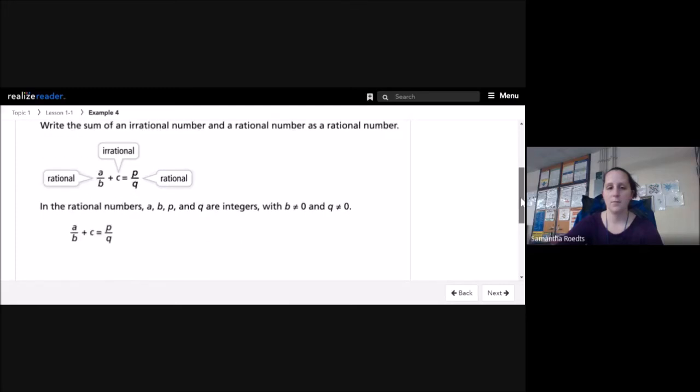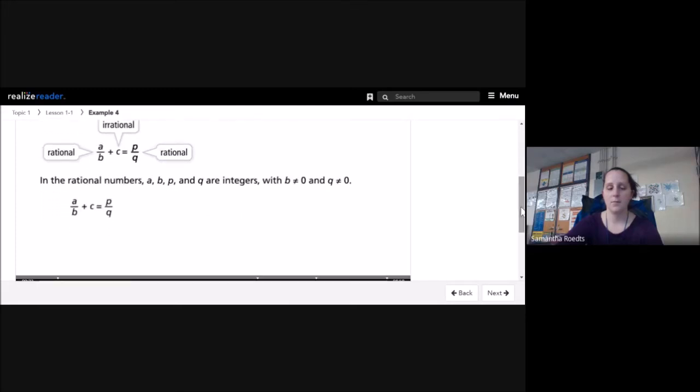Solve the equation for C. First, subtract A divided by B from both sides of the equation. The equation becomes C equals P divided by Q minus A divided by B. Write the right side of the equation with a common denominator. The equation becomes C equals (P times B minus A times Q) divided by (B times Q).